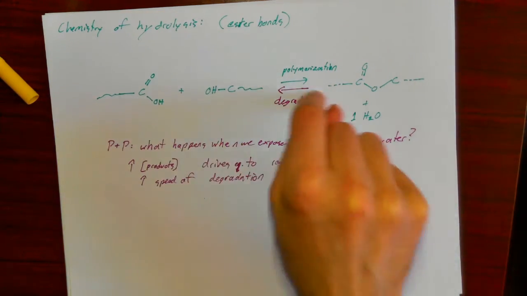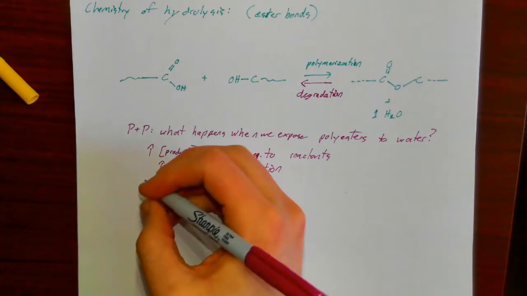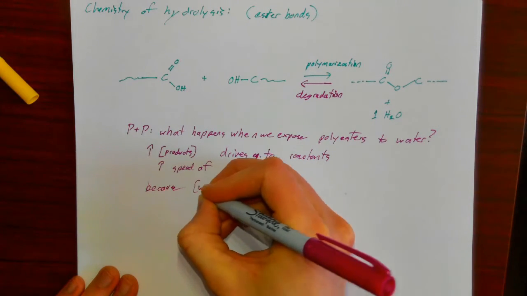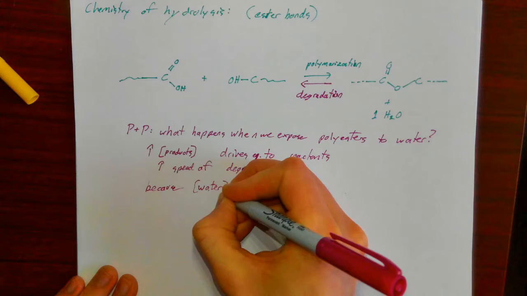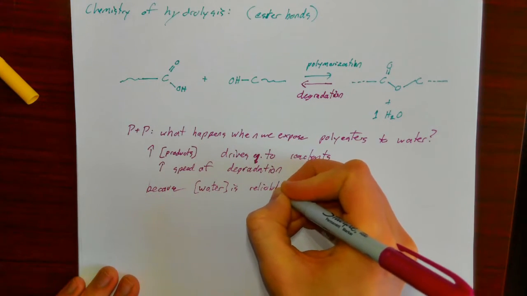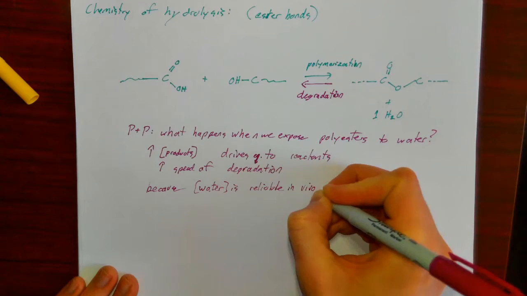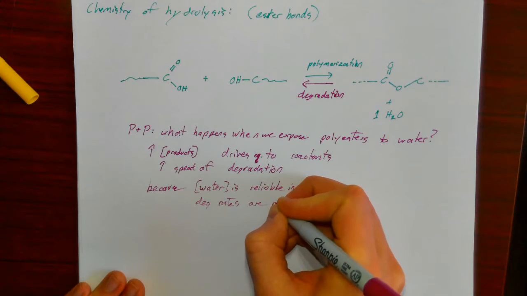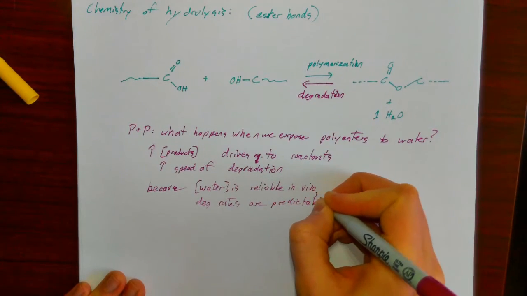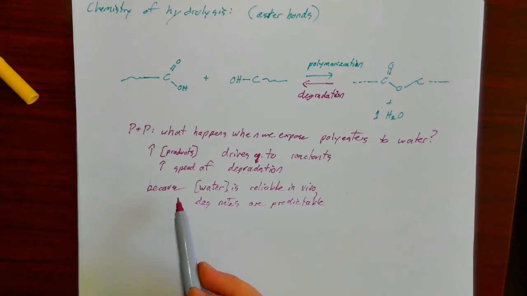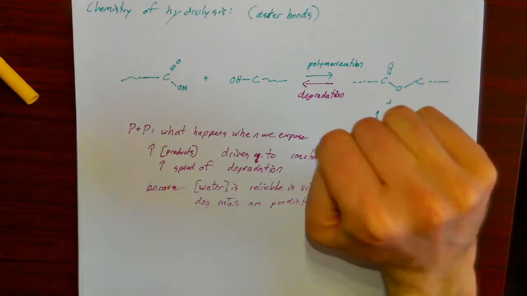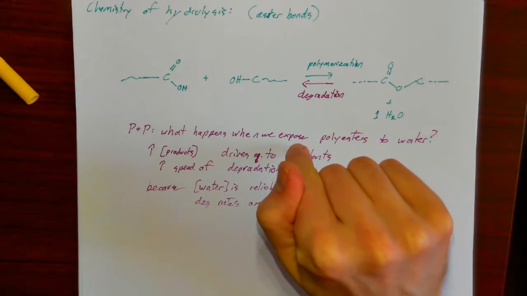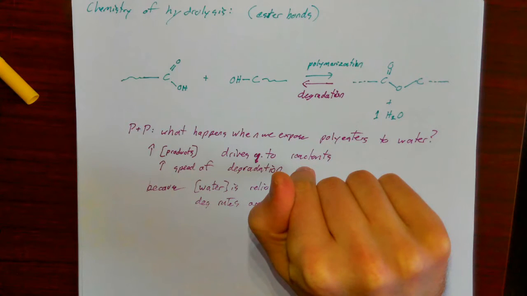So you can count on a pretty reliable degradation rate. Because the concentration of water is reliable in vivo, degradation rates are predictable. And this means that you can use polyester devices, for example, for drug delivery vehicles, or tissue engineering scaffolds and things like that.